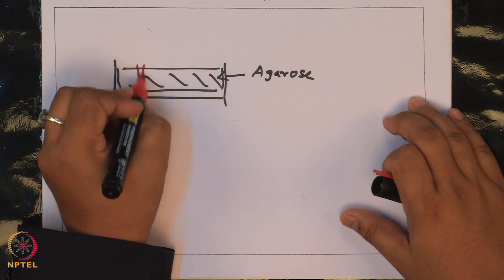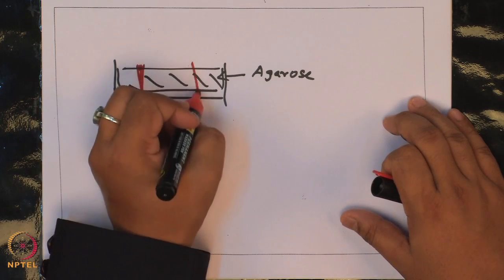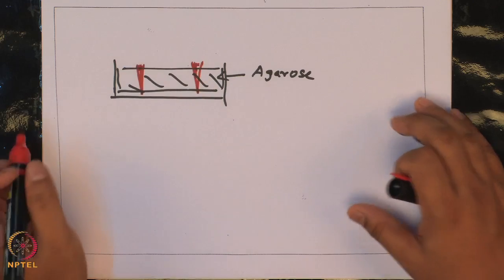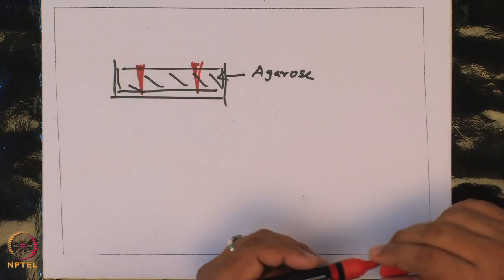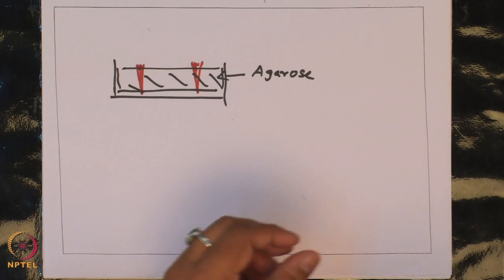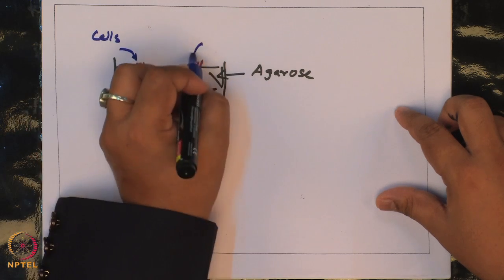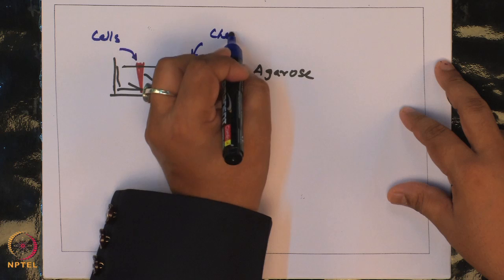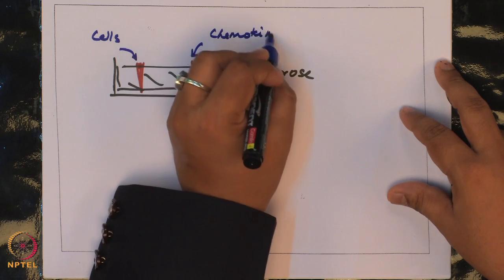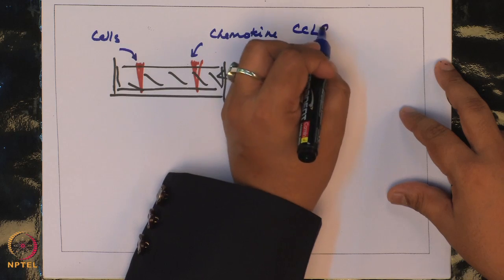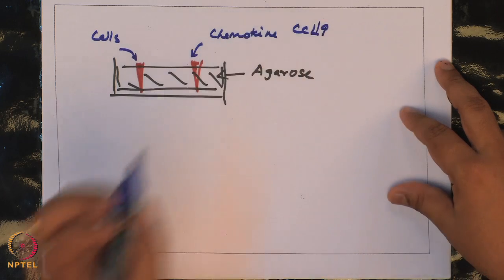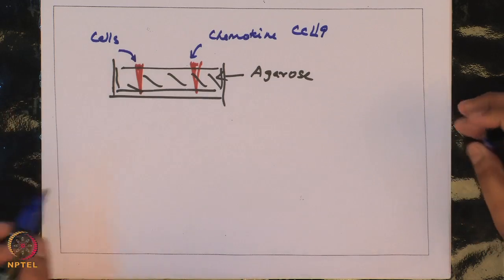And what they did then was they punched two holes on two ends of the well. In one end, they introduced cells, and in the other end they introduced chemokine, CCL19, which attracts the cells.